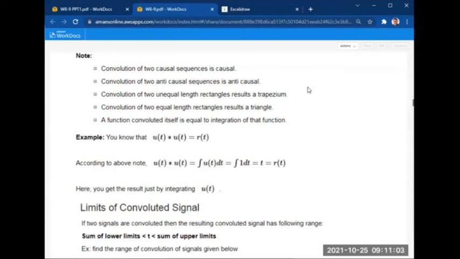Okay, so that is causal. Anti-causal, of course, is the opposite of causal. So the negative values will have outputs. Convolution of two unequal length rectangles results in a trapezium. Convolution of two equal length rectangles results in a triangle.